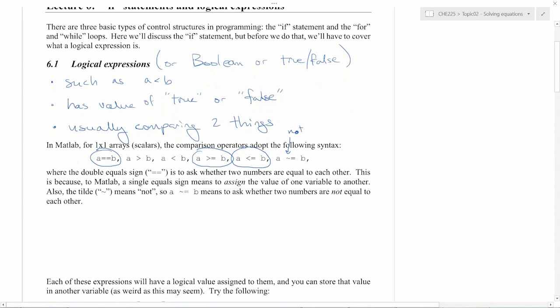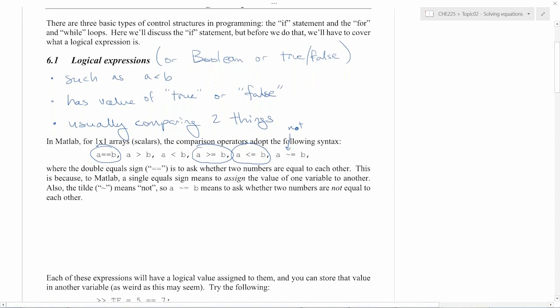So these, the double equal sign or the less than sign, etc., you want to think of these as operators. Just like the plus sign or minus sign is an operator, these signs are also operators.